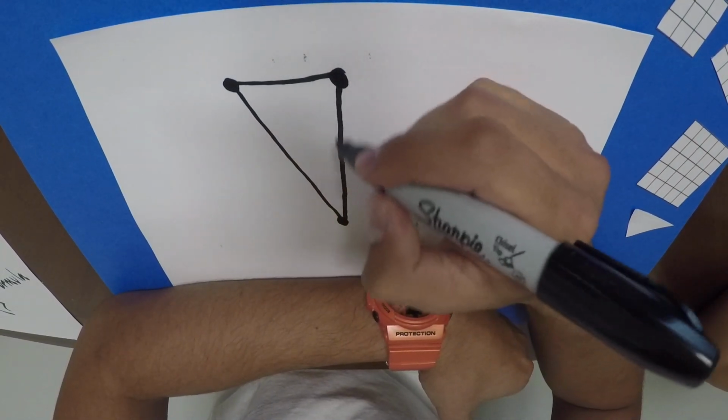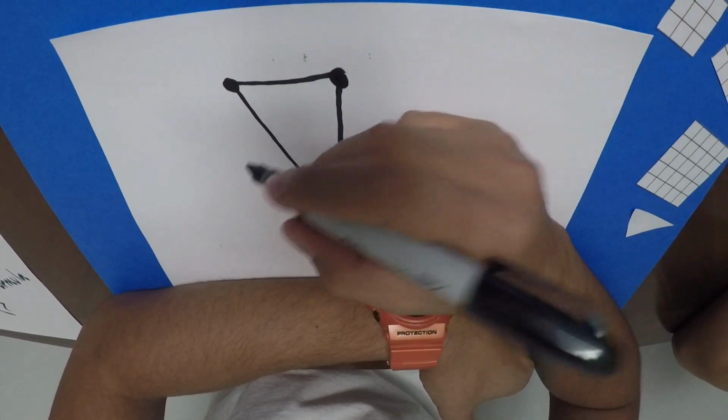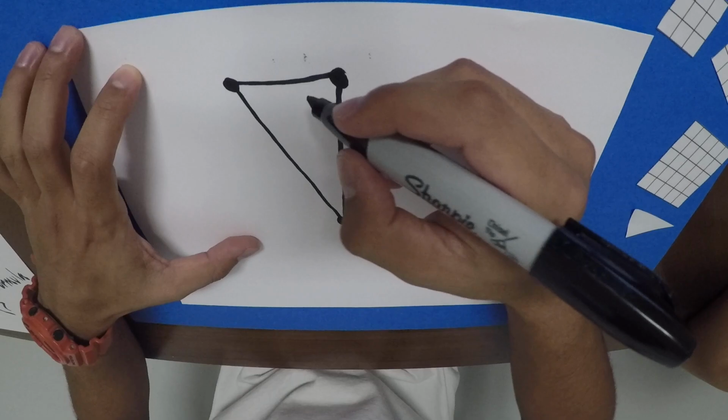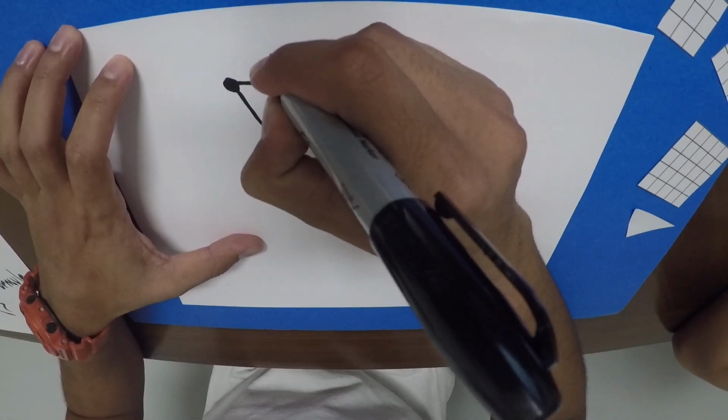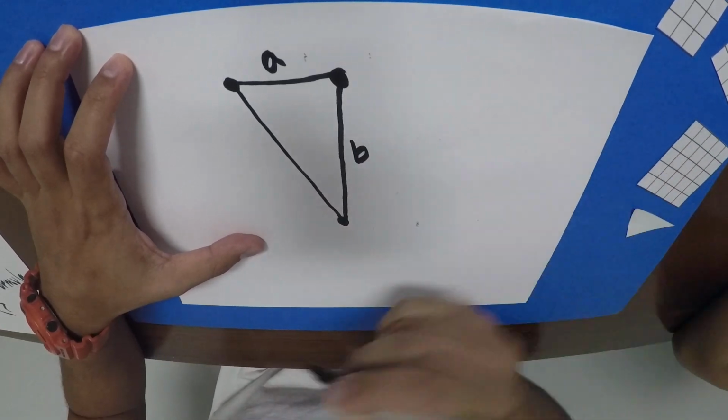And really, we want to see what's the shortest distance, so we could get there the fastest. We know that this is going to be A, because it's one length. This is going to be B, because it's the second length.